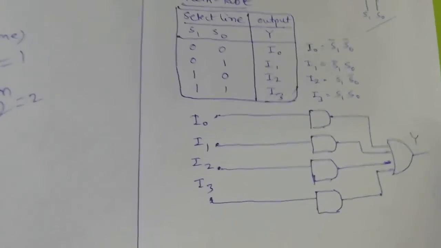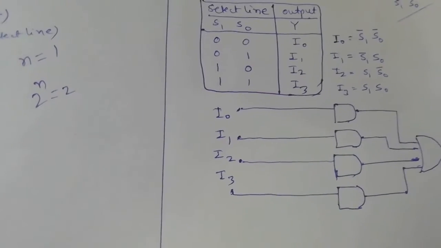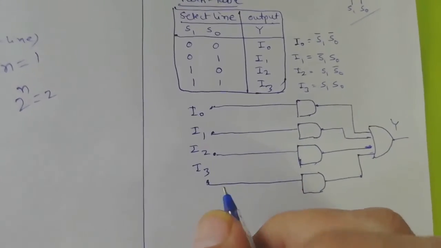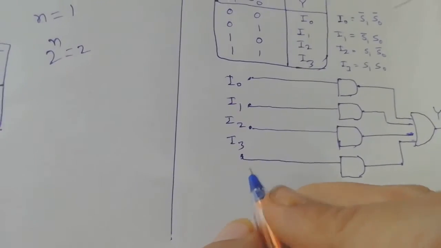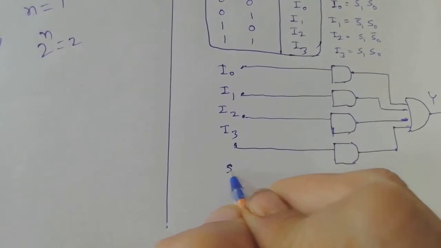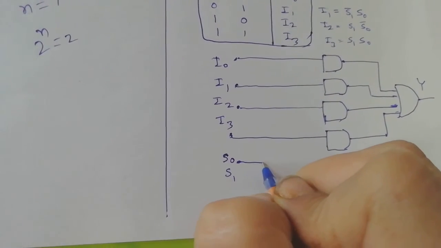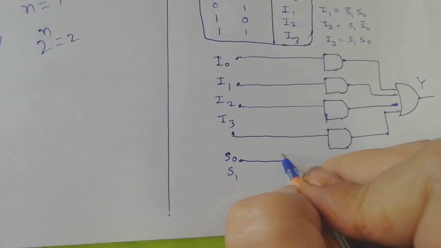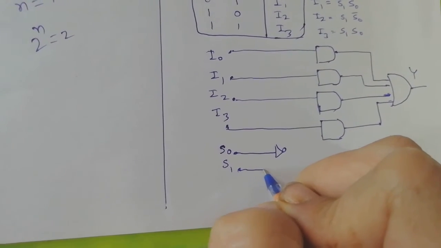Now comes the main logic, that is the way select lines have to be connected. So I am taking S0 and S1 here. Suppose this is S0, this is S1, and somewhere both have to be connected with the NOT gate.